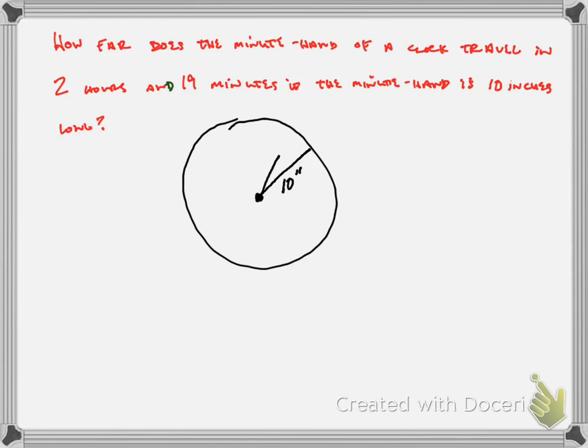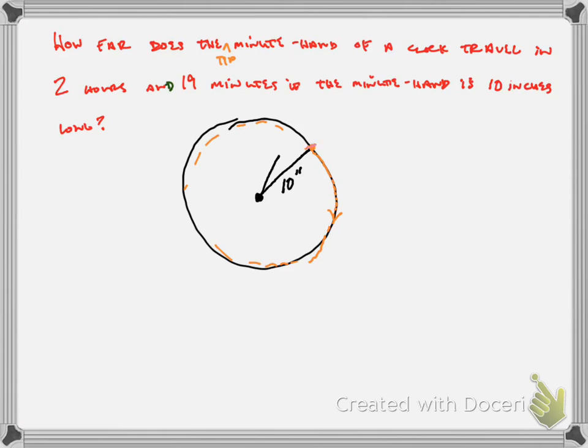The question is, how far does the tip of the minute hand travel? Here's the tip. How far does it travel in 2 hours and 19 minutes? And of course we're going clockwise, so it's going this way. What is the distance traveled, in other words, around the perimeter of that dot right there?